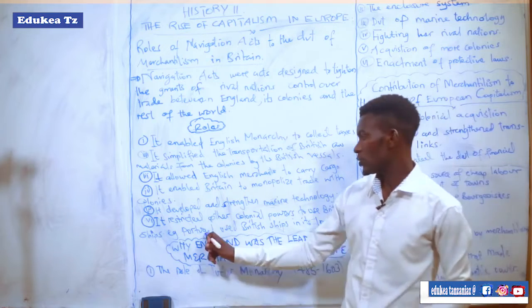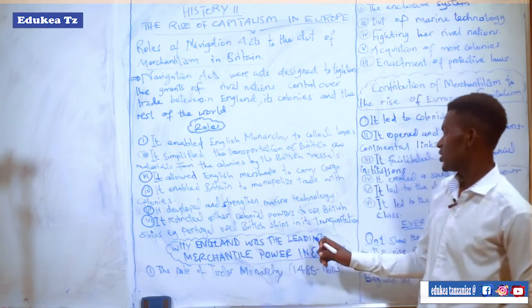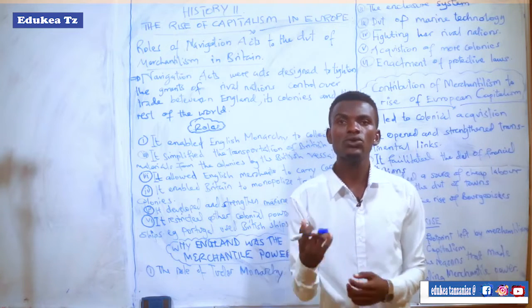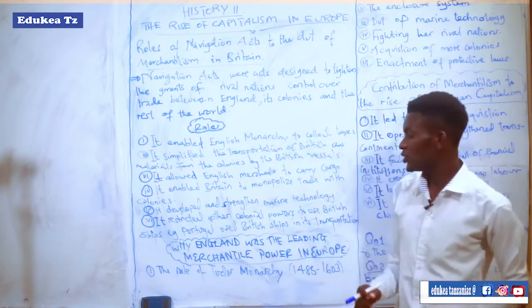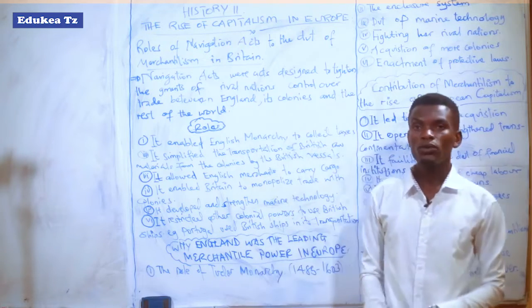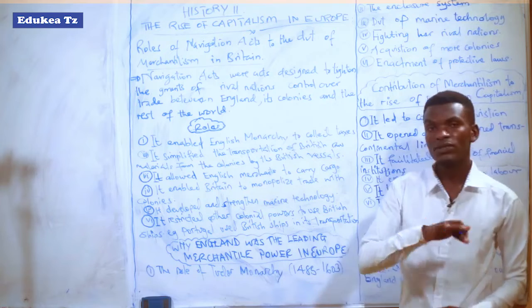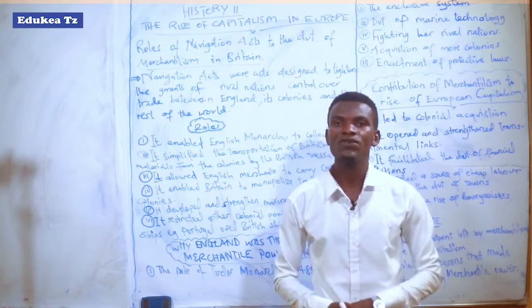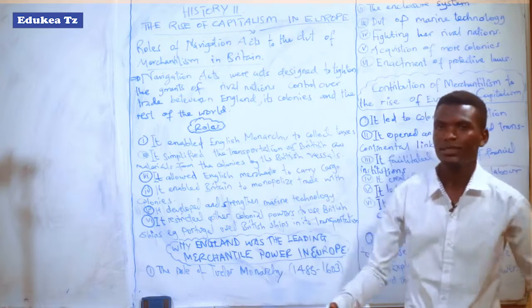For example, Portugal used British ships to transport raw materials and goods. That contributed to the payment of taxes and tariffs for the use of British vessels, which led to the development of mercantilism in Britain.